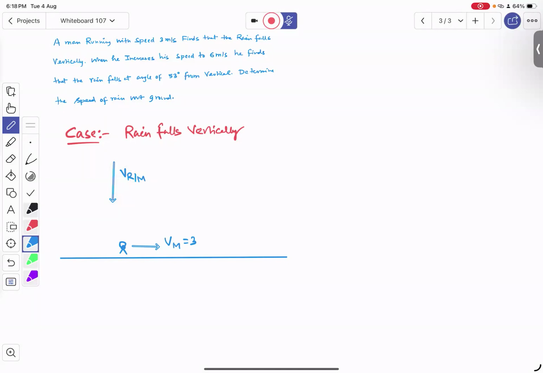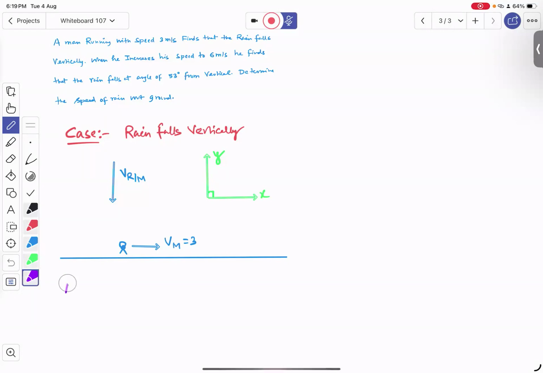Now again, we will assume that the velocity of the rain with respect to the ground frame has an x component and a y component. Sticking to the old way, upward as positive y, and this side as positive x. So the vertical component of the rain will most probably be negative. Generally, rain falls down, not away from the ground.